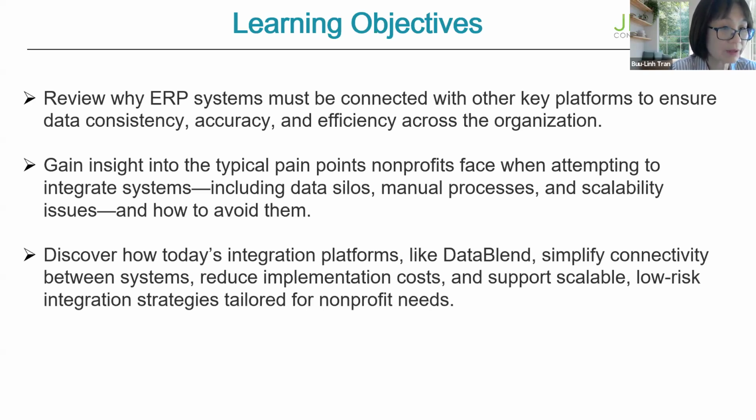We'll talk about how to gain insight into the typical pain points nonprofits face when attempting to integrate systems, including data silos, manual processes, and scalability issues, and how to avoid them. And then finally, discover how today's integration platforms like DataBlend simplify connectivity between systems, reduce implementation costs, and support scalable, low-cost integration strategies tailored for nonprofit needs.